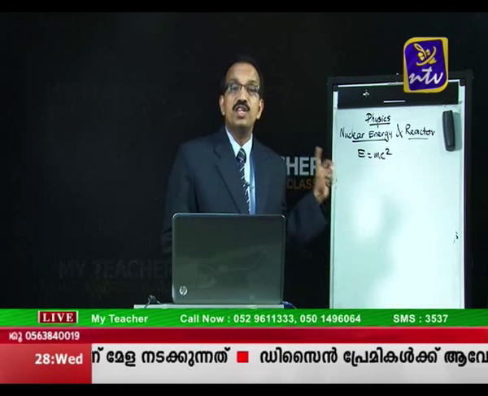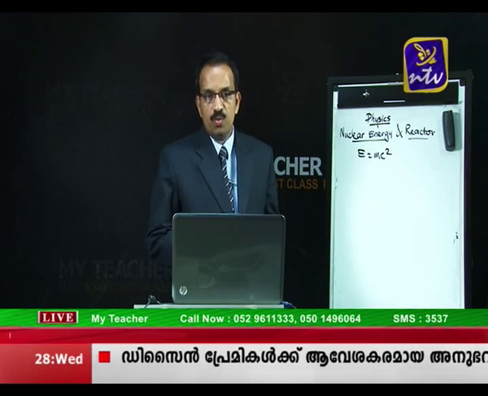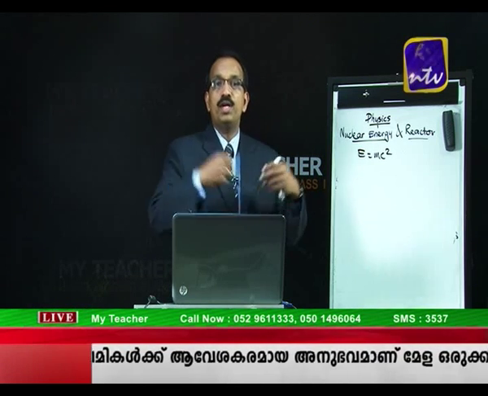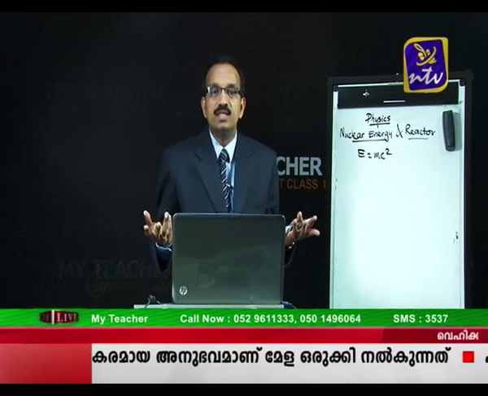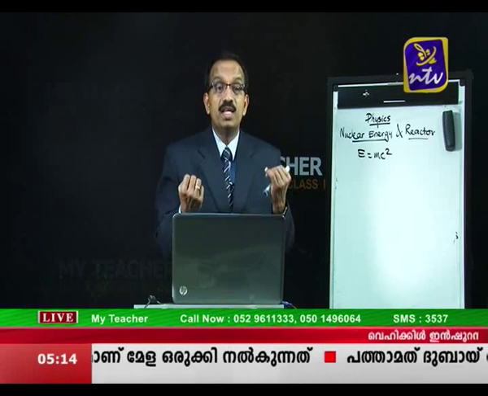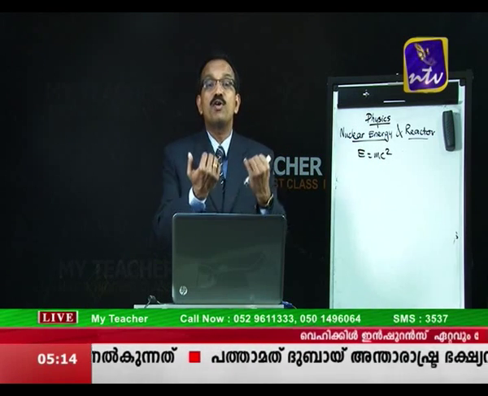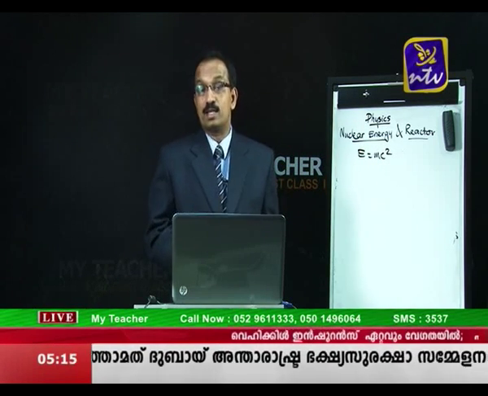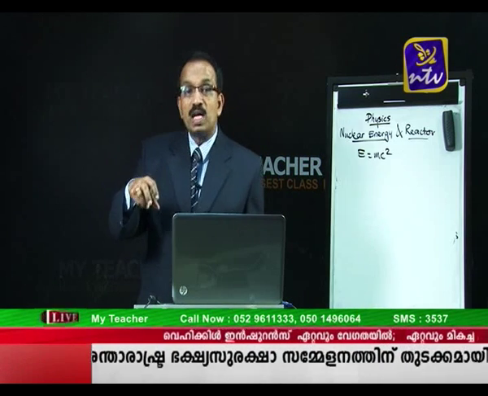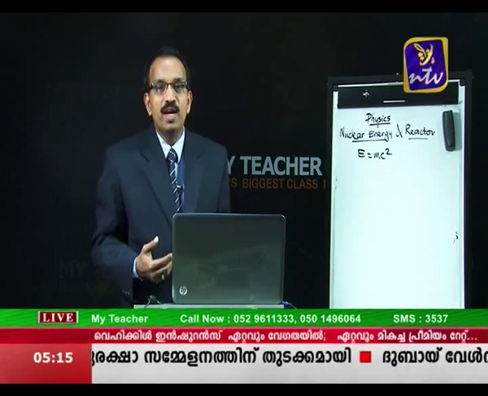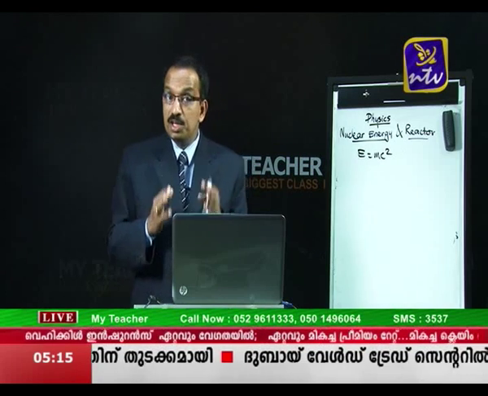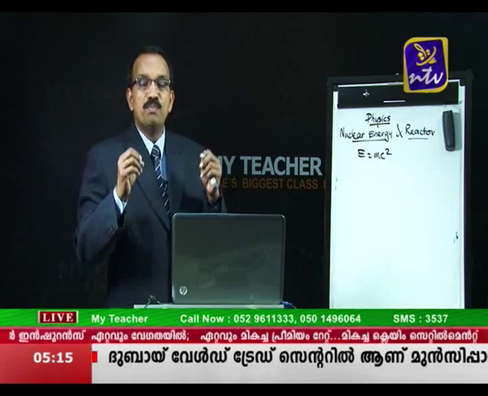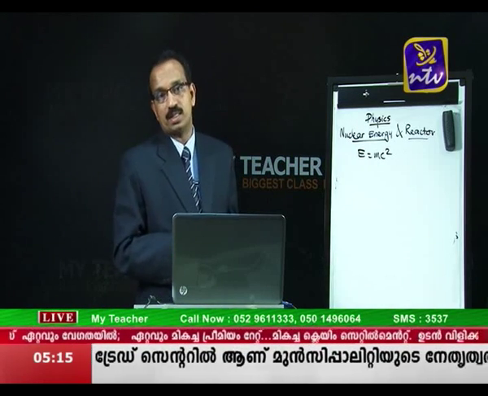This equation indicates that when a nucleus is undergoing a nuclear reaction, there will definitely be a loss of mass. Some amount of mass would be lost as the result of the reaction. So the lost mass is what is being converted into energy. The energy produced from the nucleus is basically due to the loss of mass.